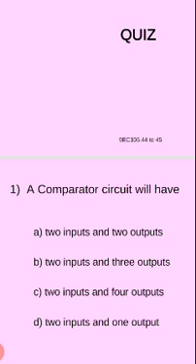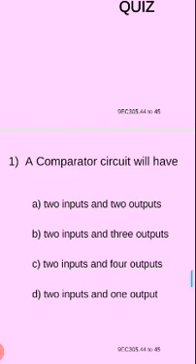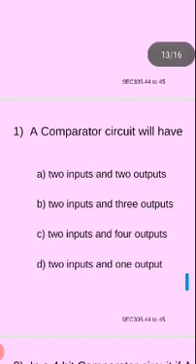A comparator actually will have 2 inputs because comparison takes place between 2. So 2 inputs and output will be like this: A greater than B is the one output, A is equal to B is the second output, A less than B is the third output.